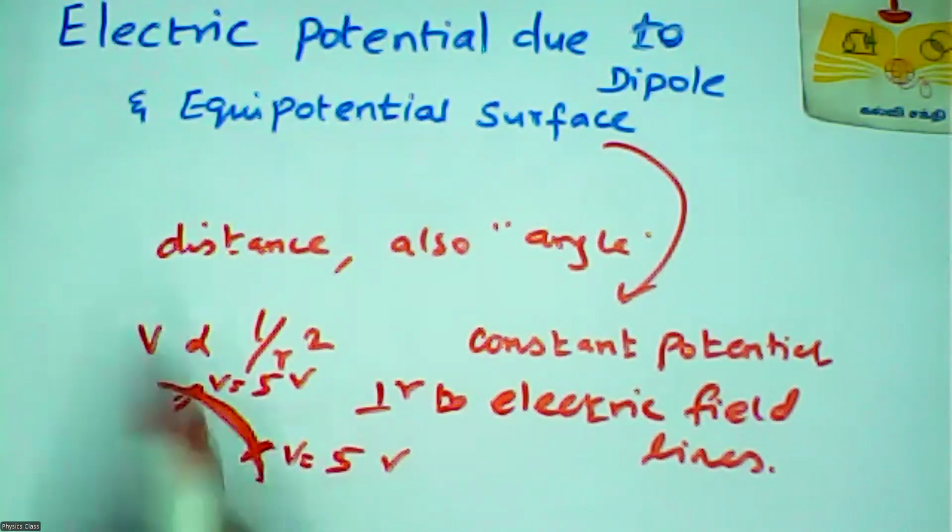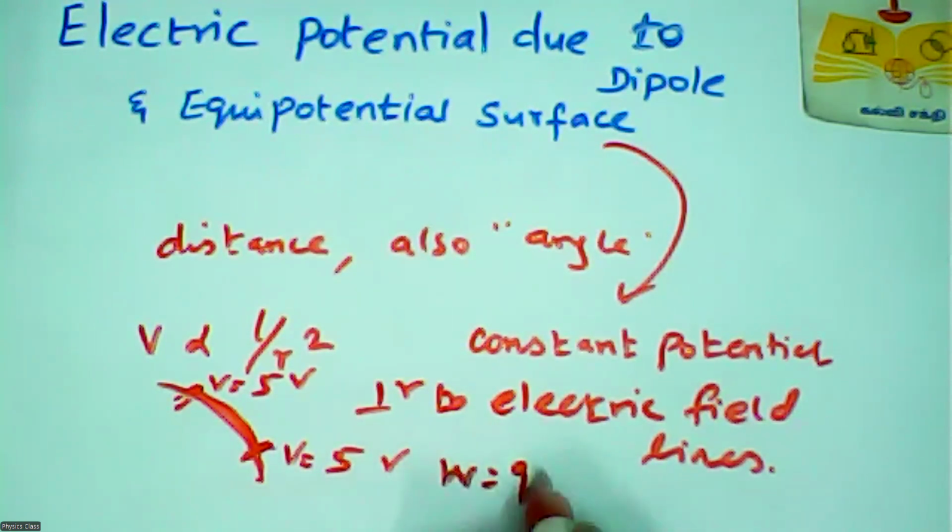So 5 minus 5 is 0. So there is no work done, because work W is equal to Q delta V, where Q means charge and delta V means potential difference. That's why no work is done to move a charge along these surfaces. Clear?